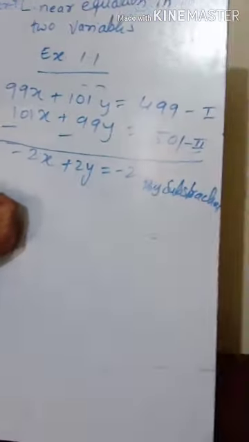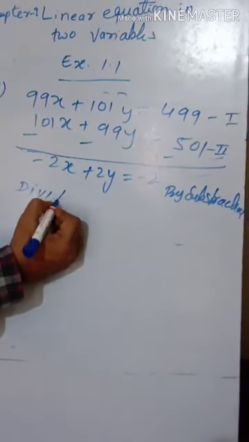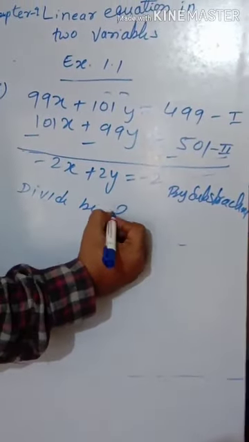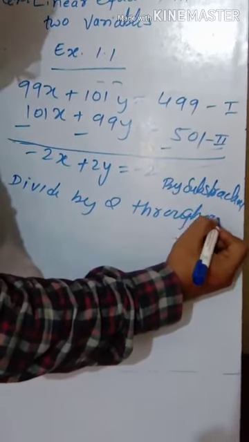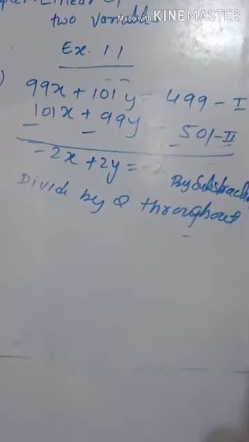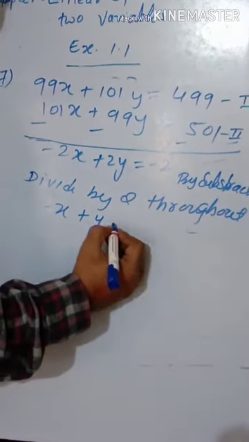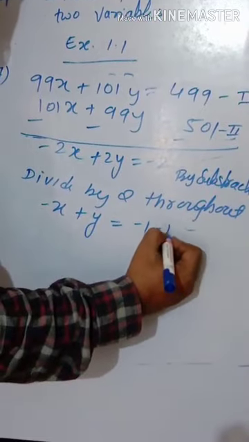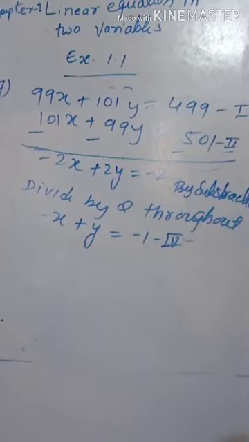Now simplify the equation by dividing both sides by 2 throughout. Now minus x plus y is equal to minus 1. That is our equation number 4.